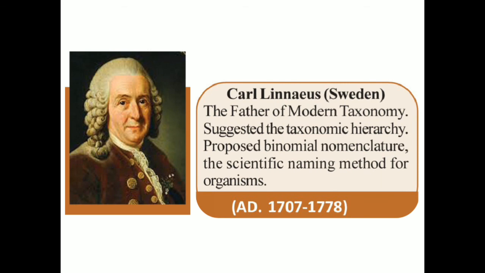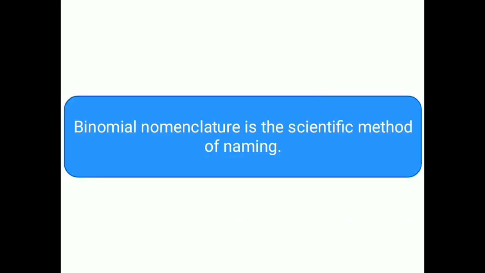So today we have discussed the topic binomial nomenclature. Binomial nomenclature is a scientific method of naming organisms, and it was proposed by Carl Linnaeus. Carl Linnaeus is known as the father of taxonomy. His major contributions were taxonomic hierarchy and binomial nomenclature. Nomenclature means naming and binomial means two names.